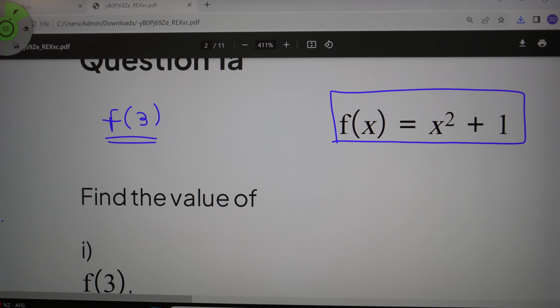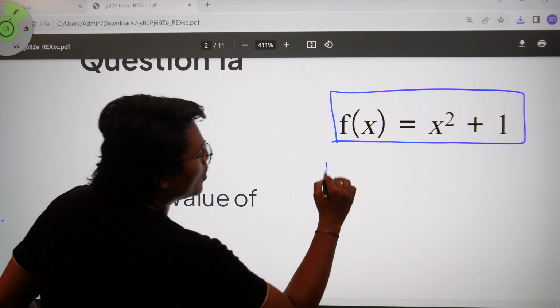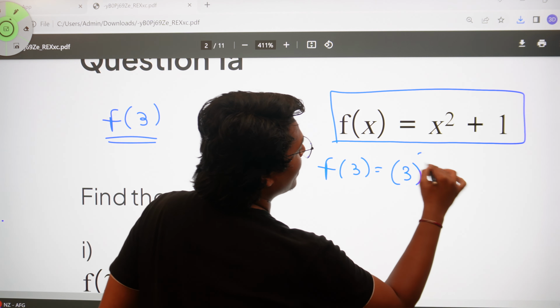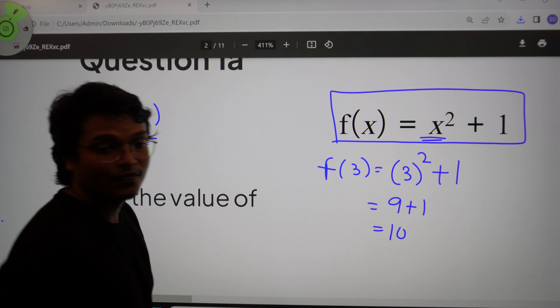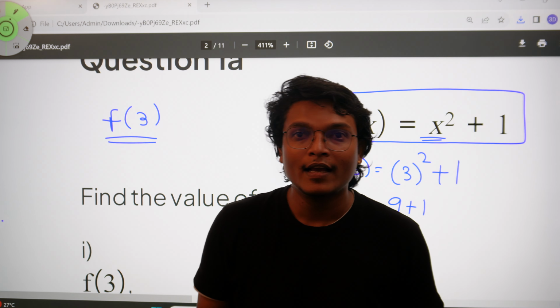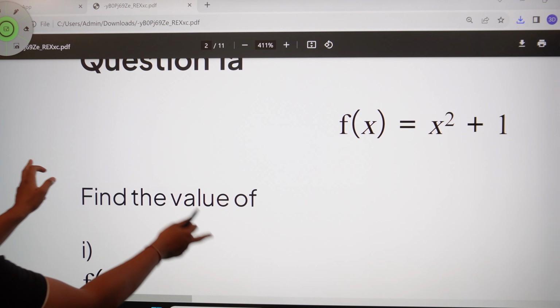Answer is 10, right? How did we calculate it? We just replaced x with 3. Therefore, we replace x in the function with 3. So it will be 9 plus 1, that is 10. Getting it or not? Is it a very tough question? No. You just have to replace the values, nothing else, right?